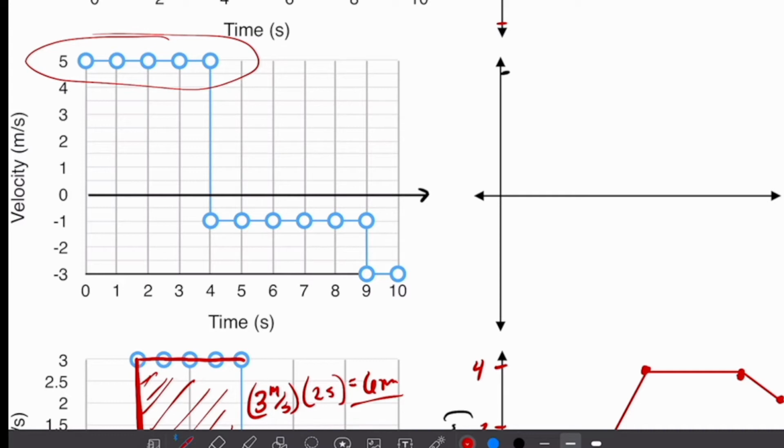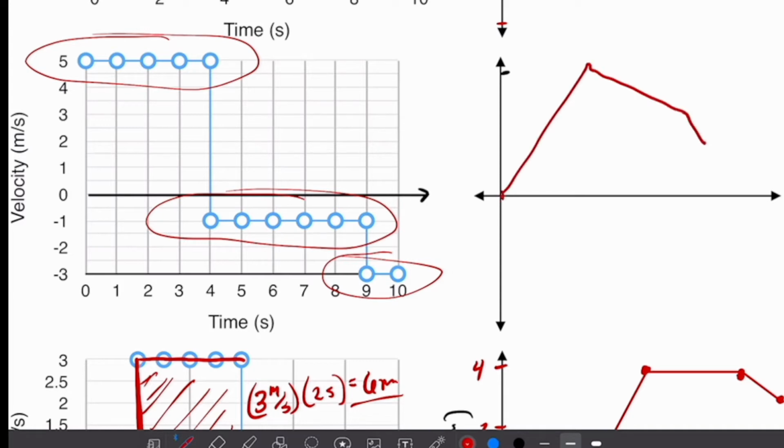And then abruptly, after 4 seconds, it looks like it's going to walk at -1 meter per second. Well, that's back from where it came, but it's walking slower. And then it speeds up a little bit, but still in the same direction, going -3 meters per second. Without any hint of what the actual graph looks like: away, slower, faster.